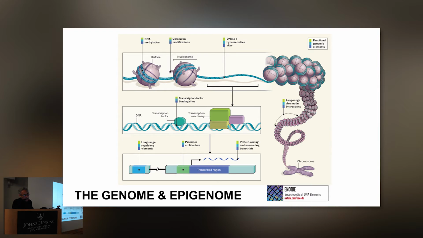Within the DNA, there are sections or sequences at which transcription factors can bind and activate the expression of a gene. And there's also the transcription machinery that enables the transcription of the genetic information to make RNA. And as I mentioned yesterday, a large proportion of the DNA is not protein coding, but RNA coding, which then further regulates the expression of the genes.